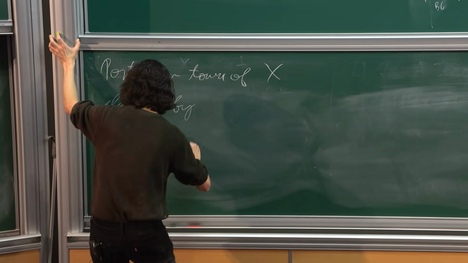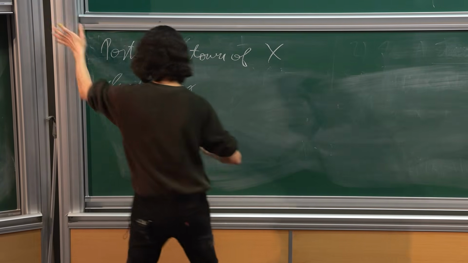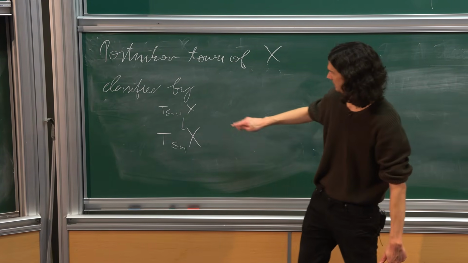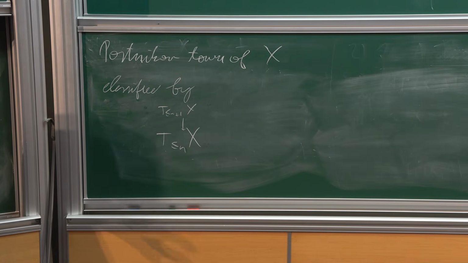You have the nth truncation, and above it you have the n plus first truncation. And the fiber here is some Eilenberg-MacLane space in degree n plus 1 with compact abelian group coefficients.